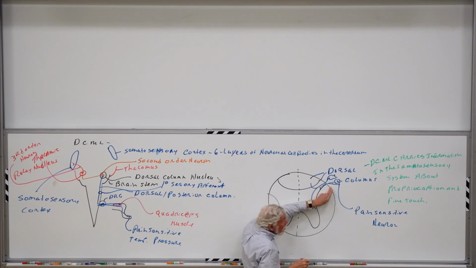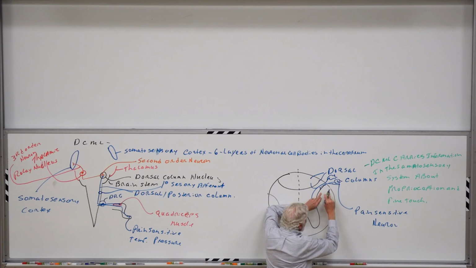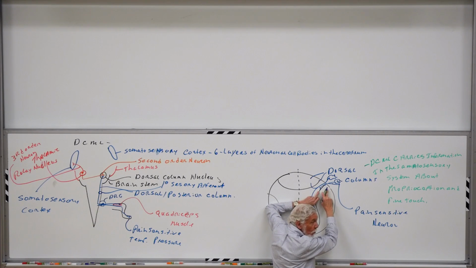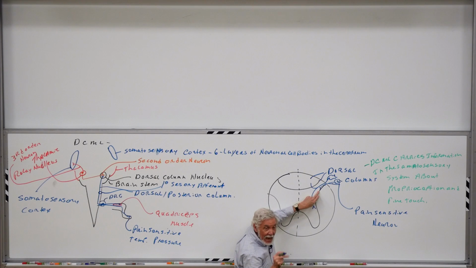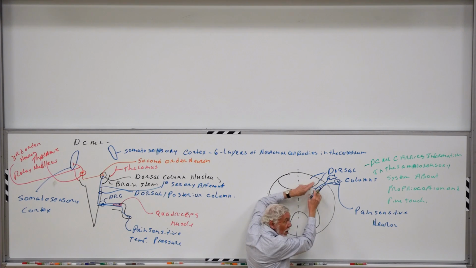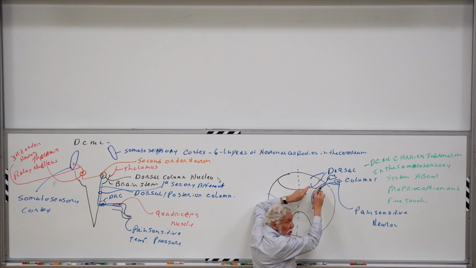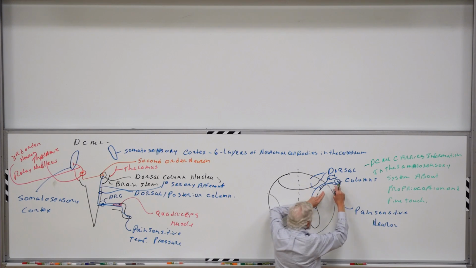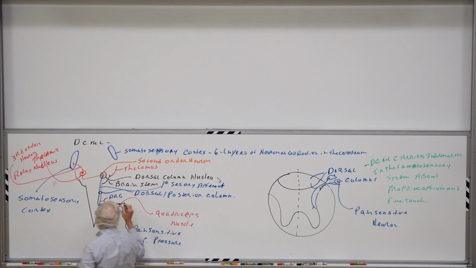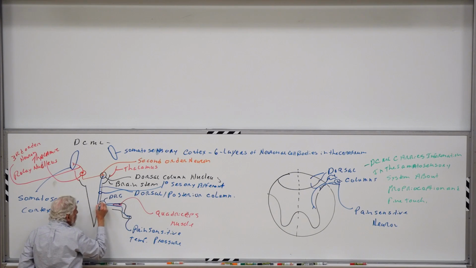Now, this pain-sensitive neuron is going to have an output region almost immediately after it enters the dorsal horn. Remember, this is gray matter, so this is input regions and cell bodies. So this neuron comes immediately into the spinal cord and forms a synapse.